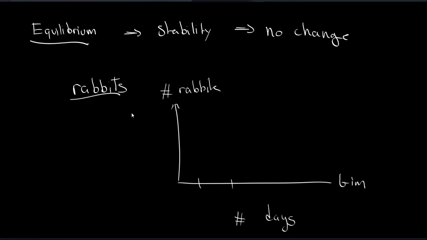What will happen is the rabbit population, if we look at it each day, will increase. But as the number of rabbits increases, let's say there's lions in the area and they start gobbling up the rabbits. Because there's so many rabbits, there's more lions. So the lions control the rabbit population to the point where it starts to plateau and not change. If it goes up any more, the lions will eat it up.